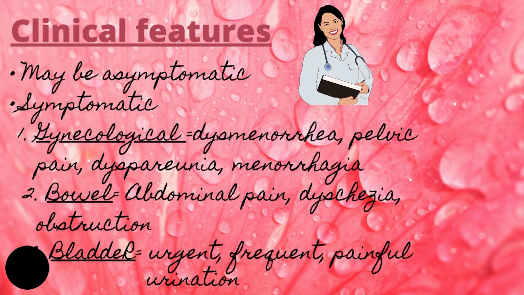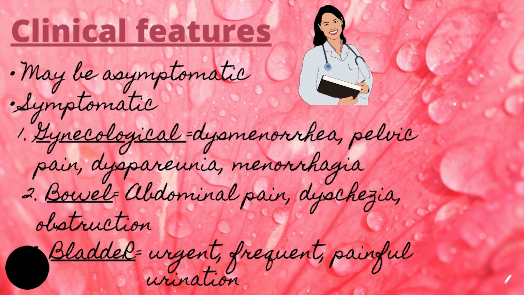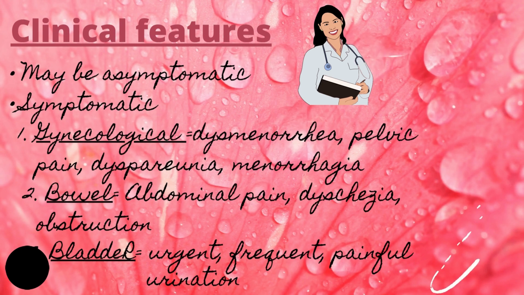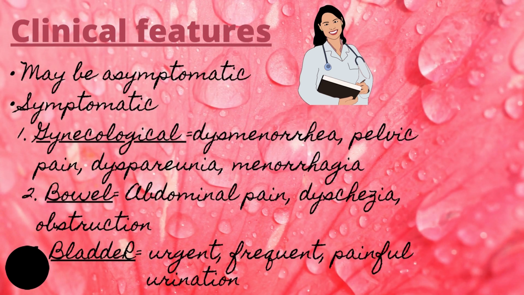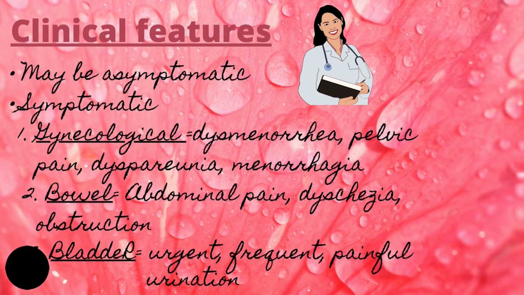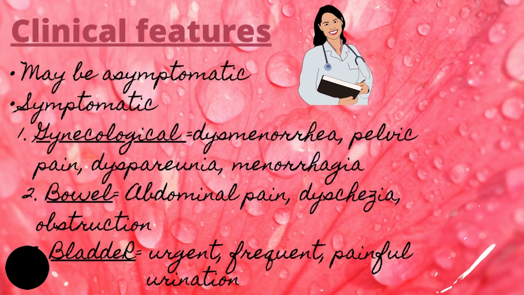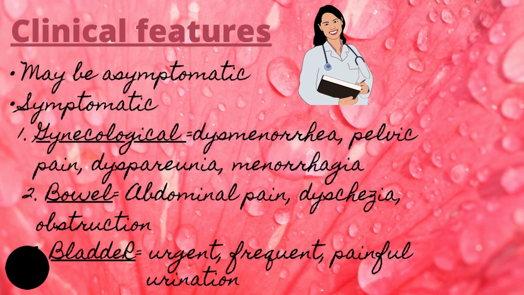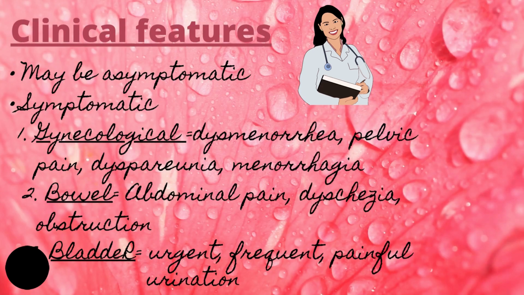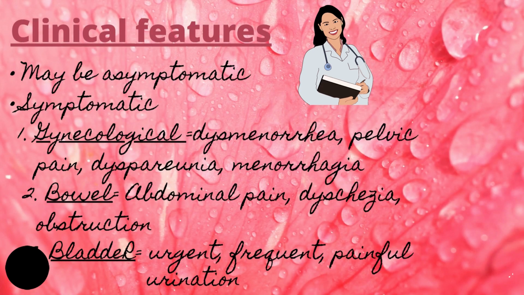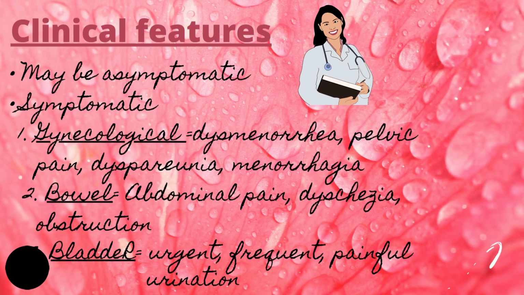If it involves the bowel, then abdominal symptoms like abdominal pain, dyschezia, or painful defecation, and obstruction can occur. If it involves the bladder, then urgent, frequent, painful urination can occur. So these were the common clinical features of endometriosis.